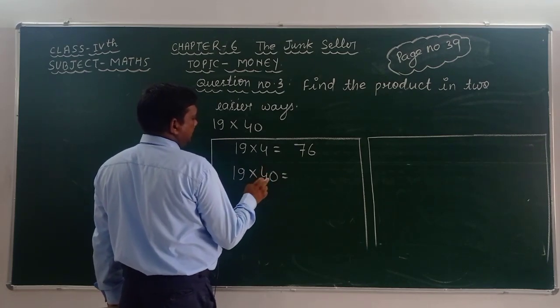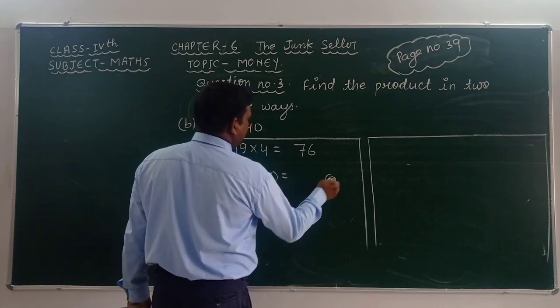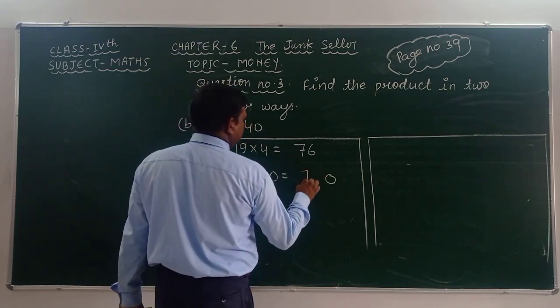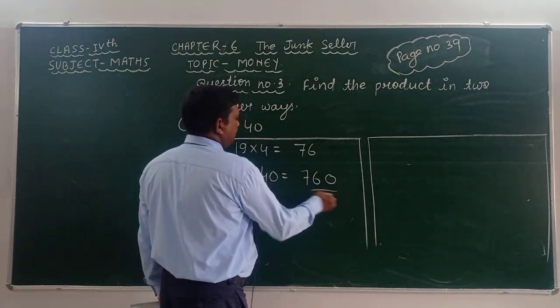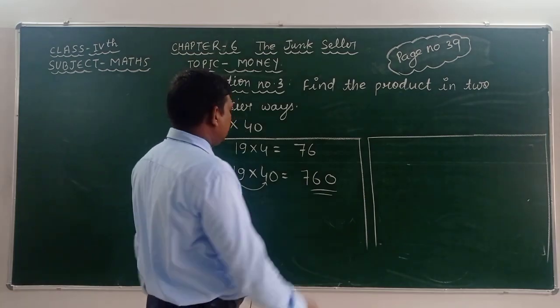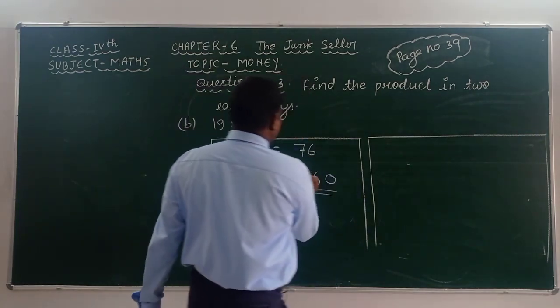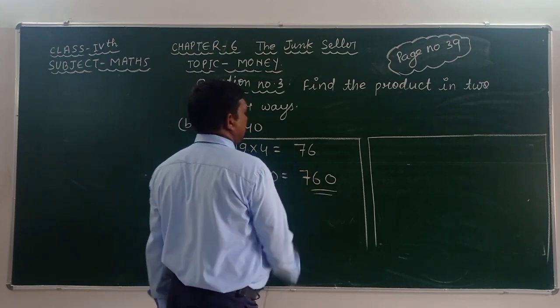It means that here we get 0, therefore here we can take 0, and 19 into 4 is 76, here we can write 76. Okay, here we get the answer of this question is 760.